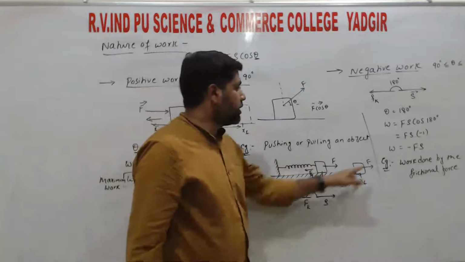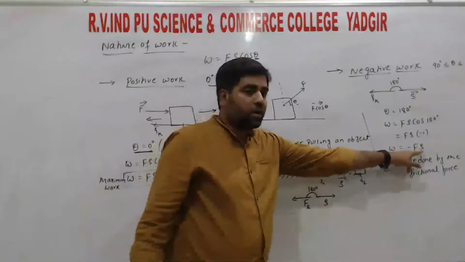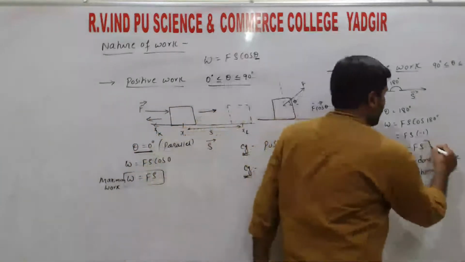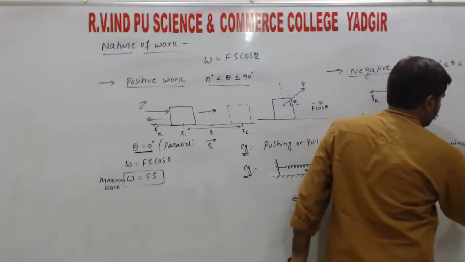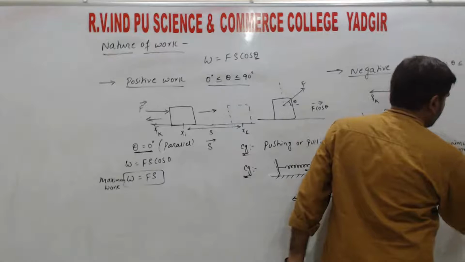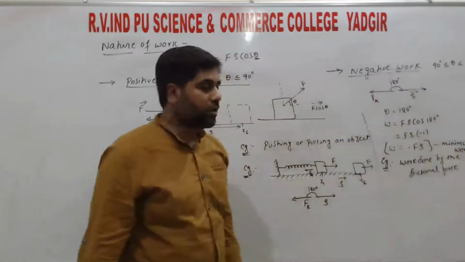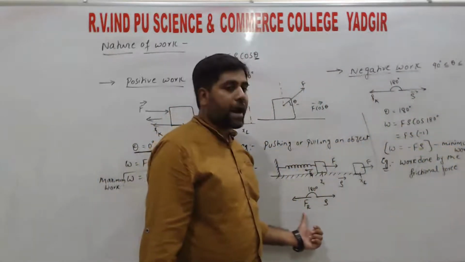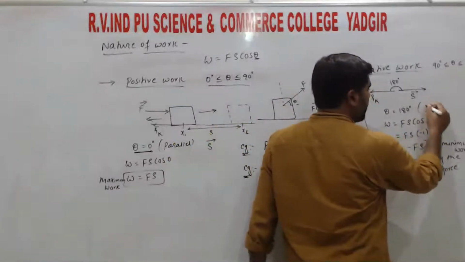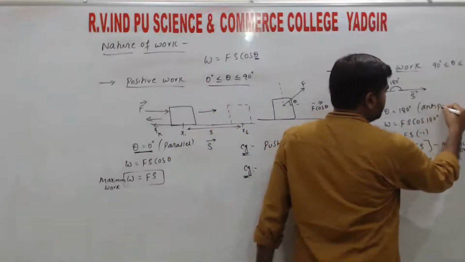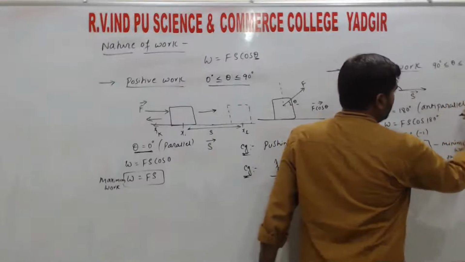So 180 degree means again work done is equal to minus Fs. This work we call negative work. When do we call it negative work? When these two are anti-parallel, right?